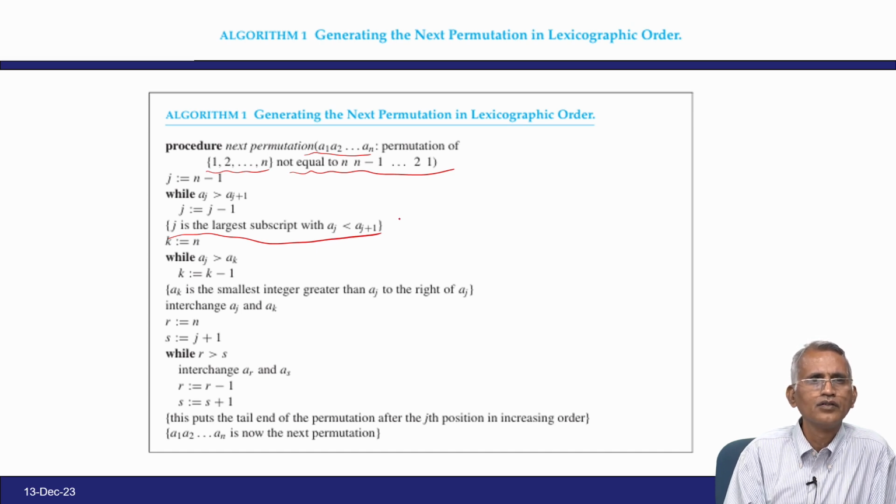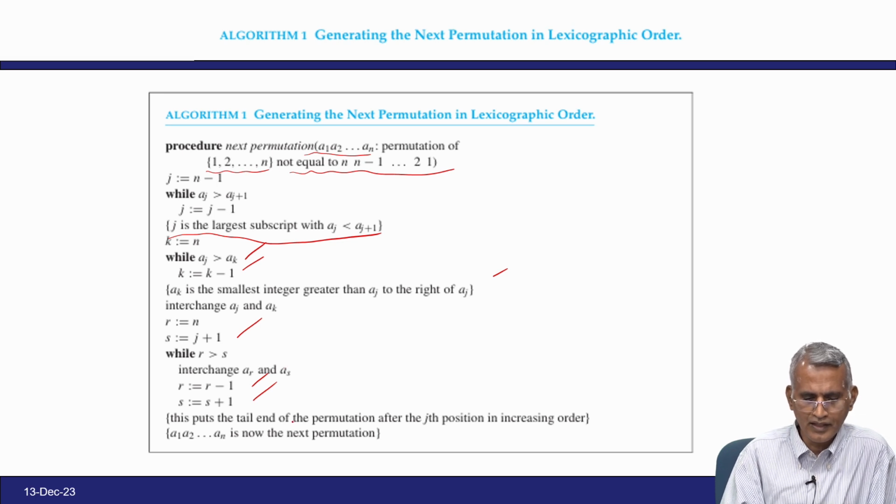Now choose k equal to n, while aj is greater than ak, set k equal to k minus 1. Then ak is the smallest integer greater than aj to the right of aj, and interchange aj and ak. Then set r equal to n and s equal to j plus 1; while r is greater than s, interchange ar and as, and set r equal to r minus 1 and s equal to s plus 1.